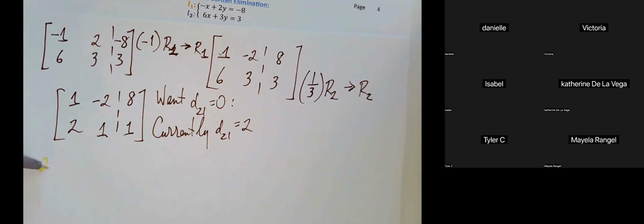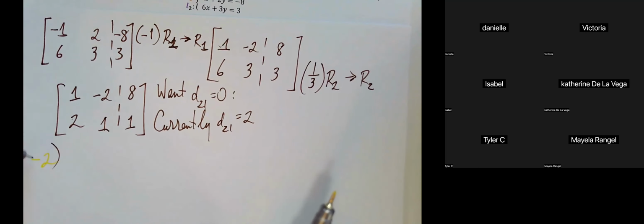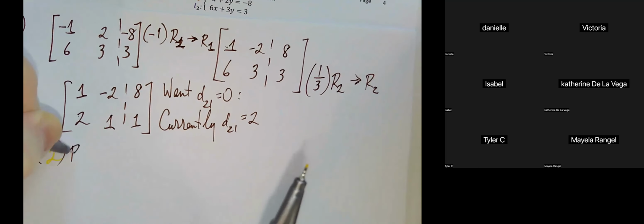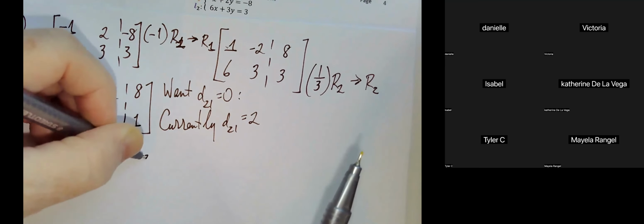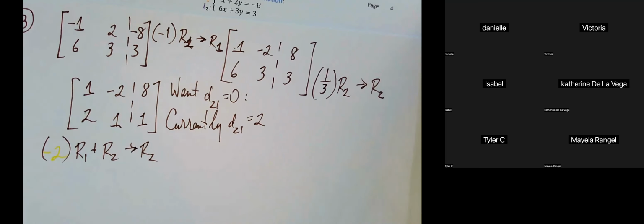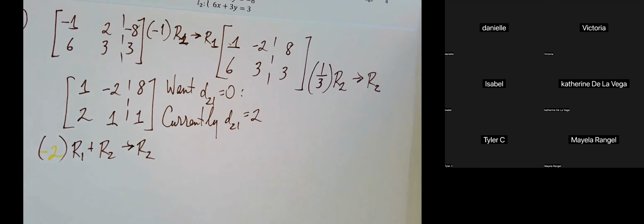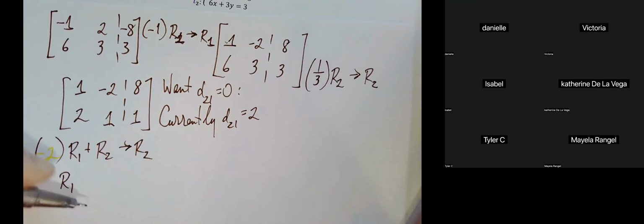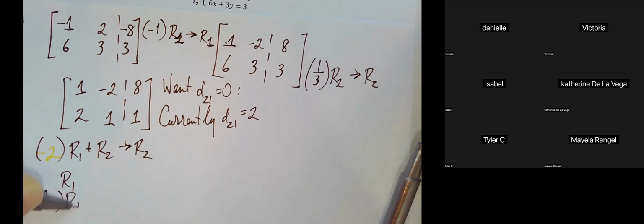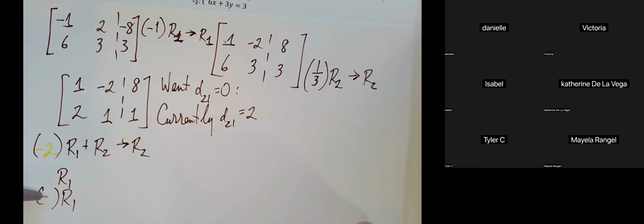Excellent. So we have -2 times row 1 plus row 2 will give us a new row 2 with a 0 in the D21 position. And so let's see, we've got row 1, -2 times row 1, row 2, and the new row 2.